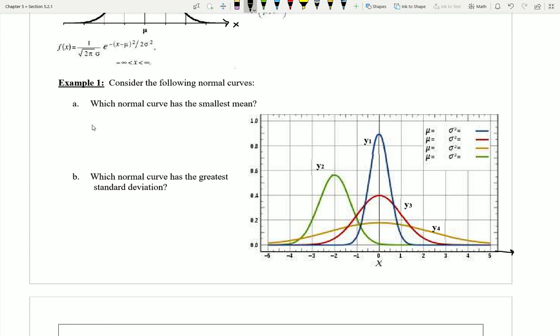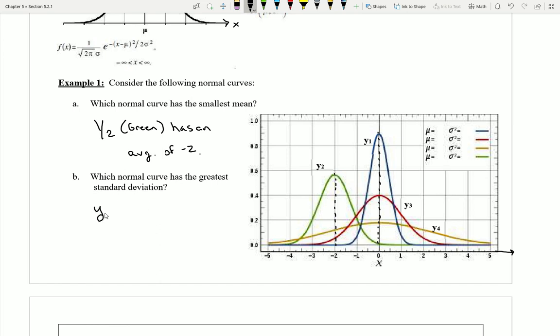Well, if you said y2, which is the green one, then you would be right. Y2 has the smallest average, and its average is -2. I can see that that's exactly where it lands on the number line, right above -2. It looks like the average on all the other ones is identical. They're all at 0.